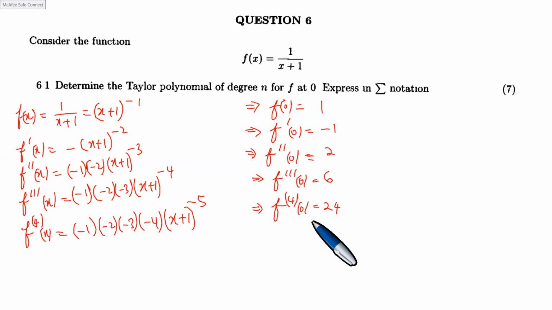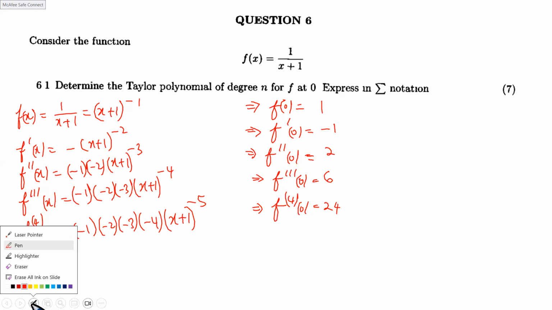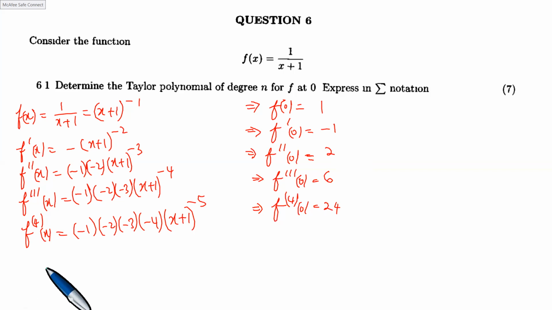Right, so we have these here. And then now, what is the formula for the Taylor polynomial? The formula for the Taylor polynomial can be written like this. So it is exactly T_n at 0 of f of x.